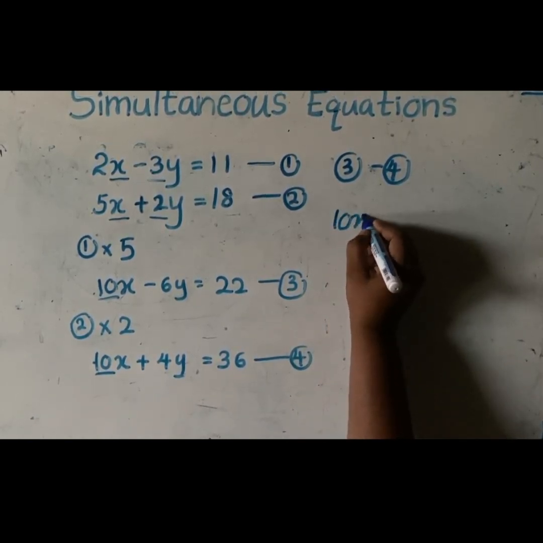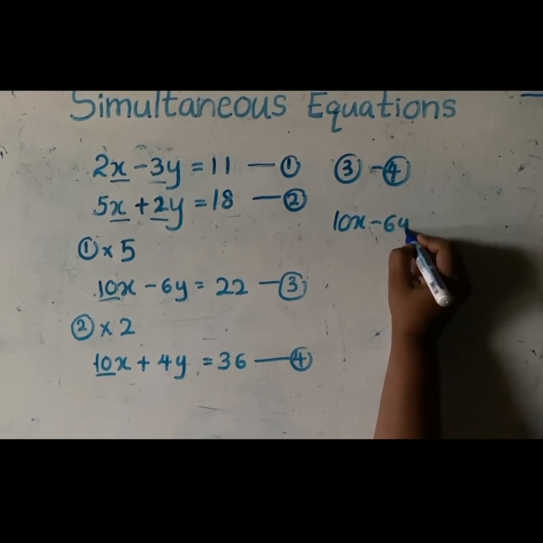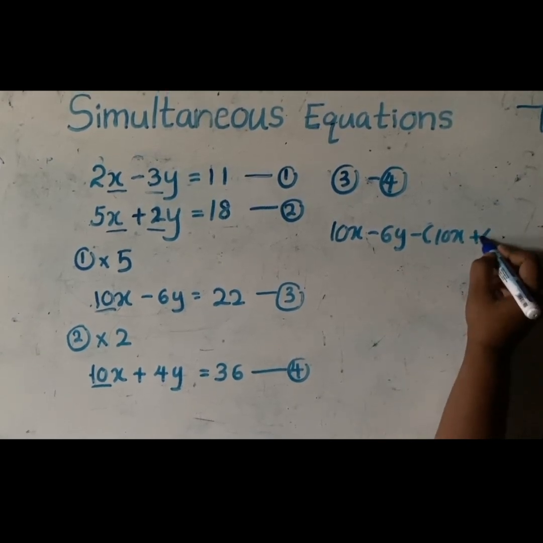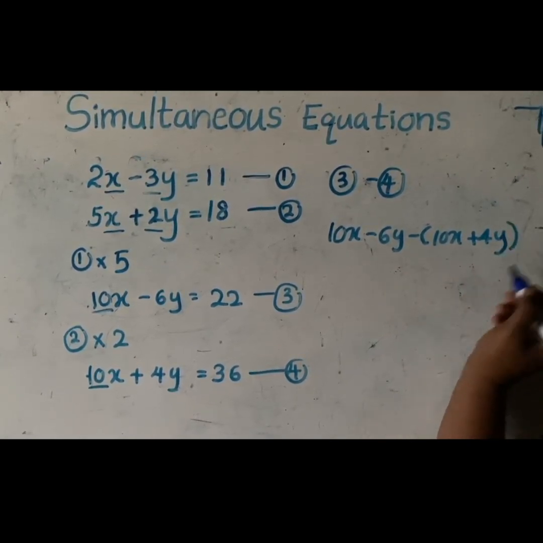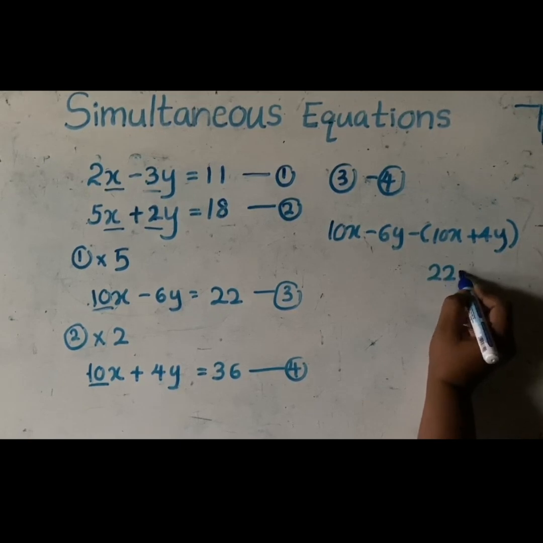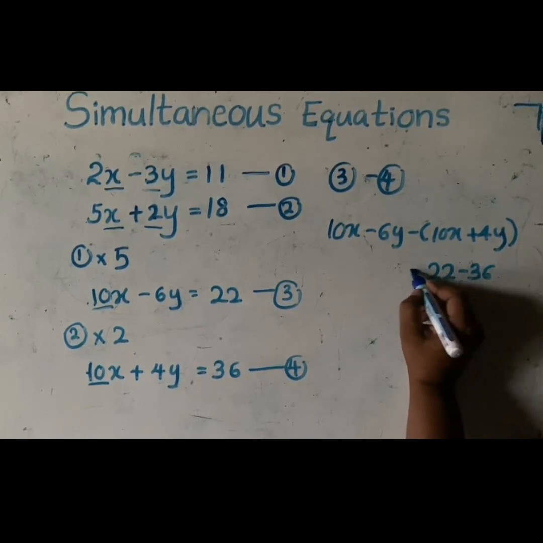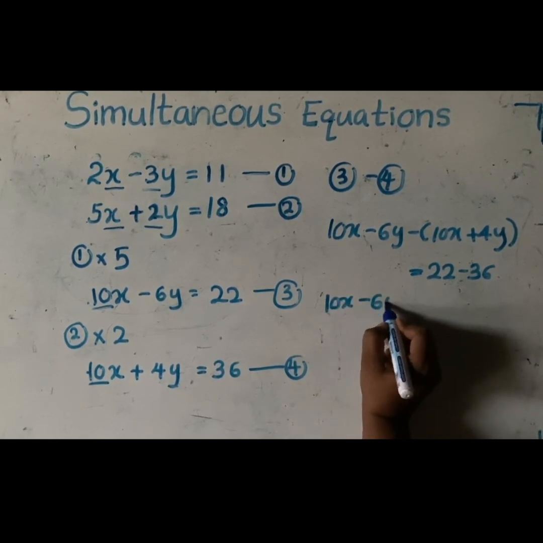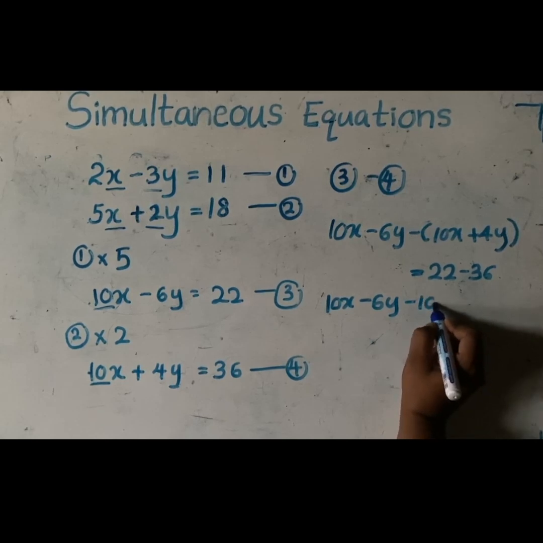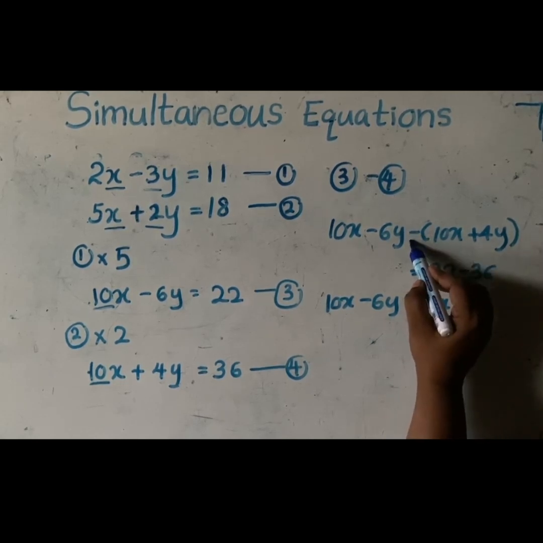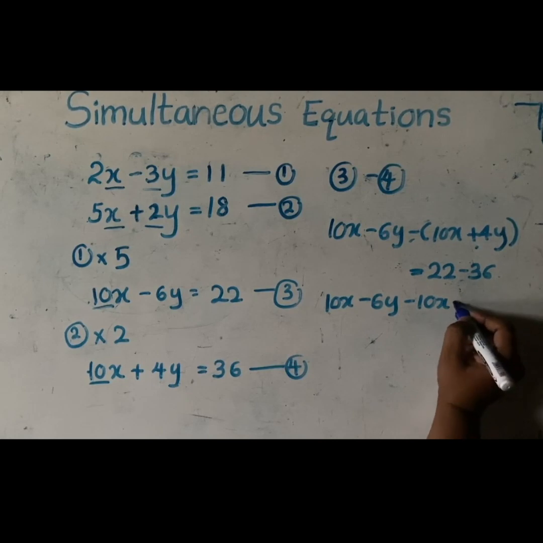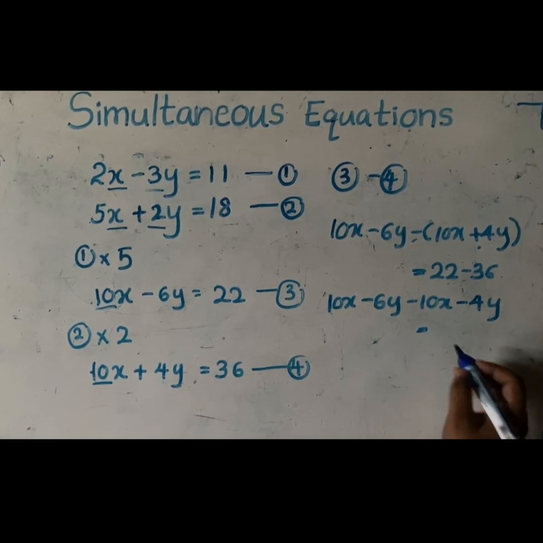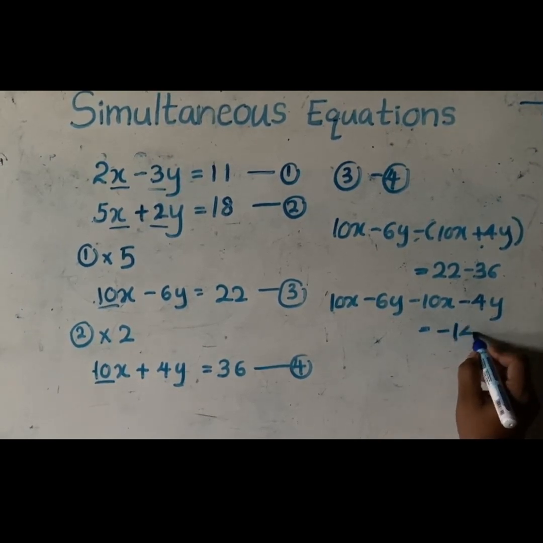Then 10x minus 6y subtract 10x plus 4y, and 22 subtract 36. 10x minus 6y minus 10x, minus into positive, minus 4y. 22 subtract 36 is negative 14.